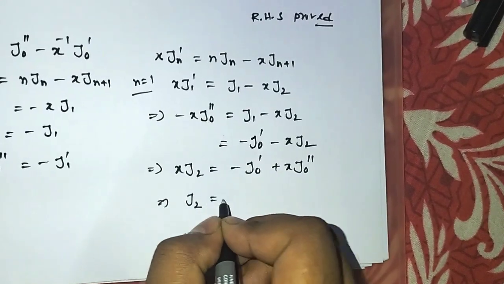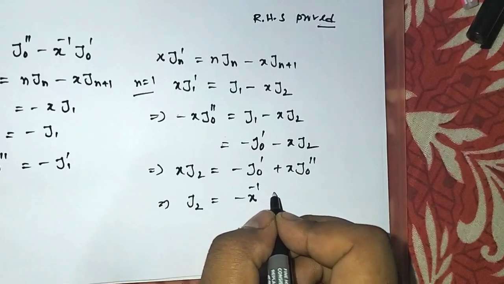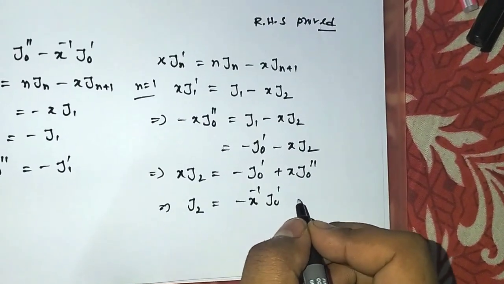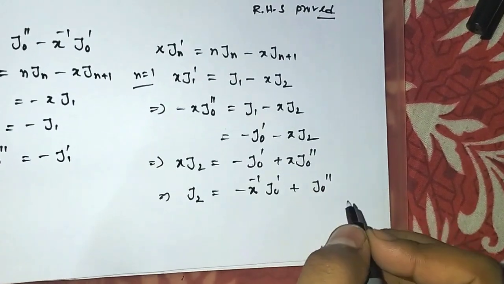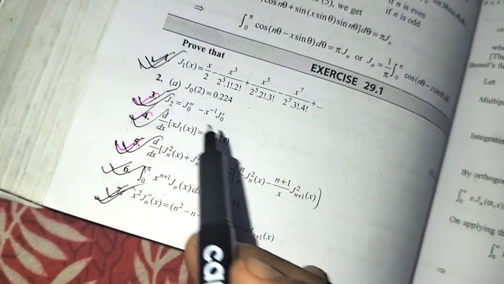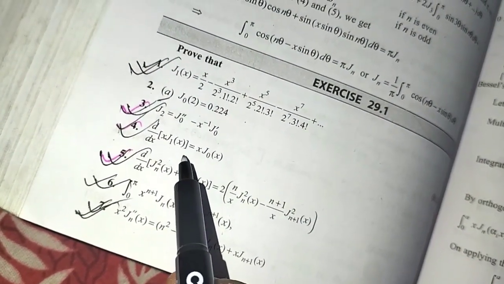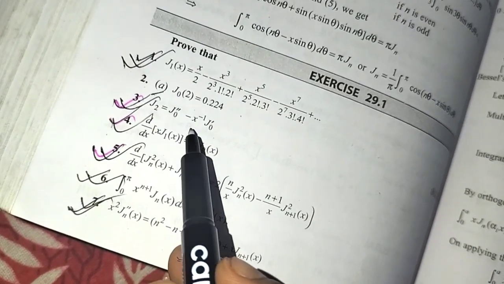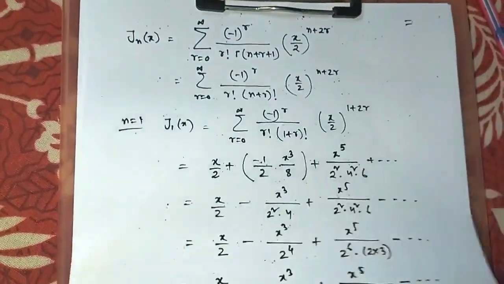And you can also write J2 equals minus x inverse J0' plus J0''. Proved. Here you can write that J2 equals J0'' minus x inverse J0'.